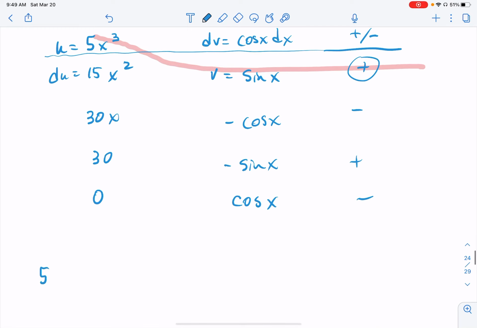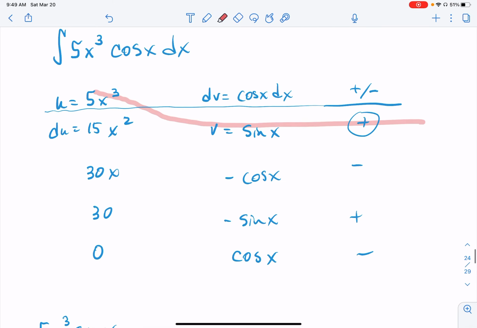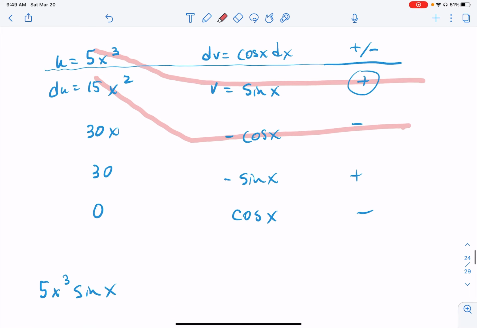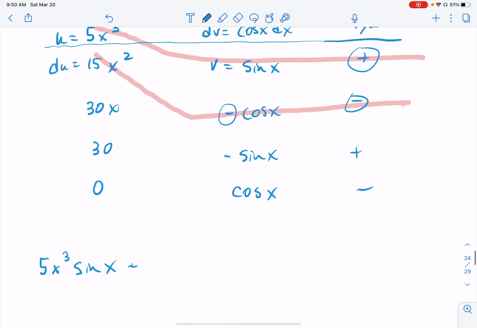So we have 5x cubed times sine x. And then the next one is going to be 15x squared multiplied times negative cosine times negative 1. So these negatives are going to cancel out, and I'm back to being a positive term again. So plus 15x squared times cosine x.